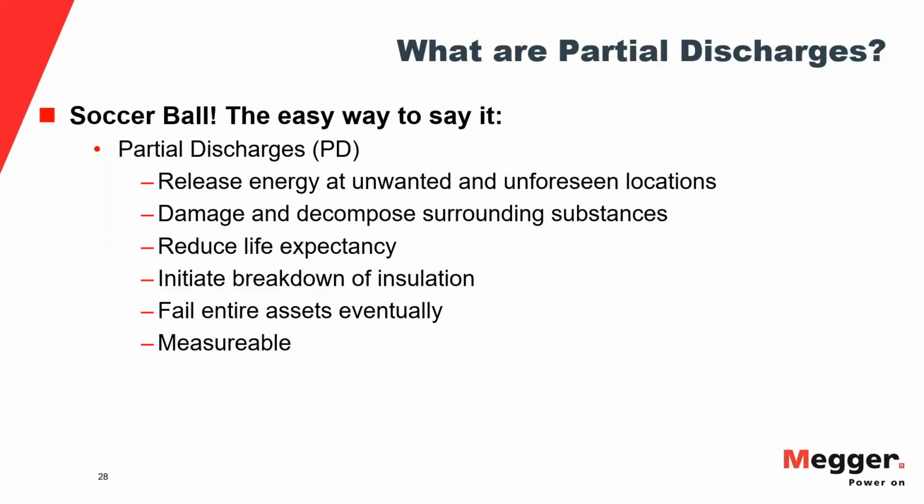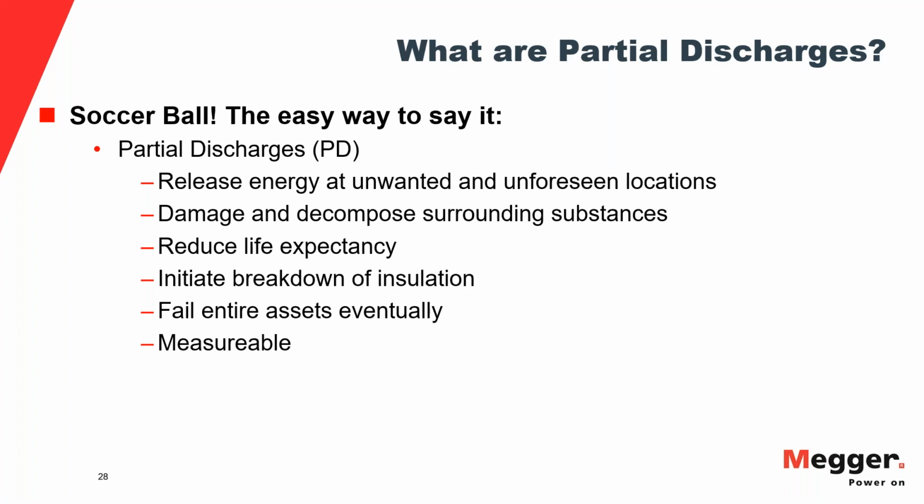And the easy way is partial discharges are simply a release of energy that nobody wants, nobody accounted for, and at a spot where the designer definitely did not intend it to be released. It causes deterioration because it's a gas discharge. Therefore, it reduces the life of the asset.